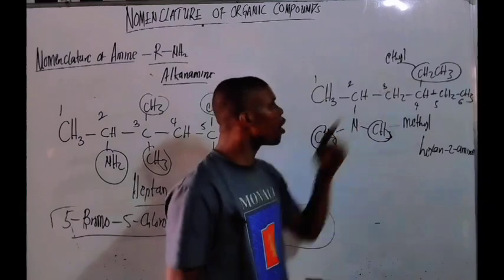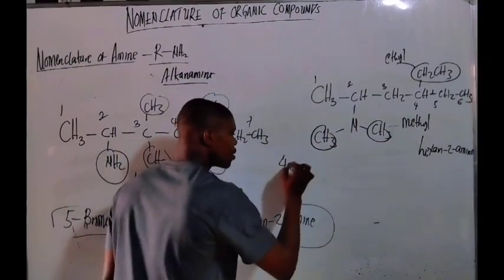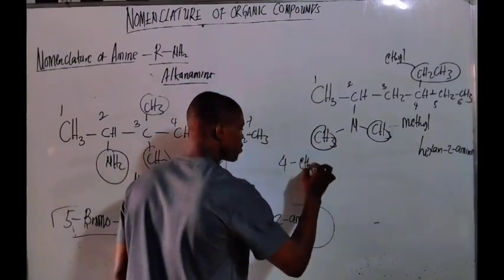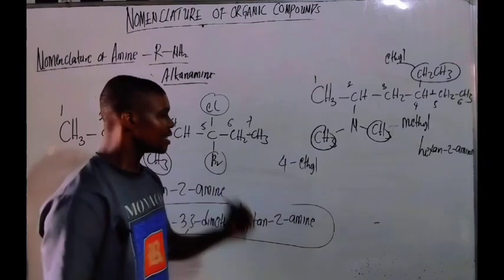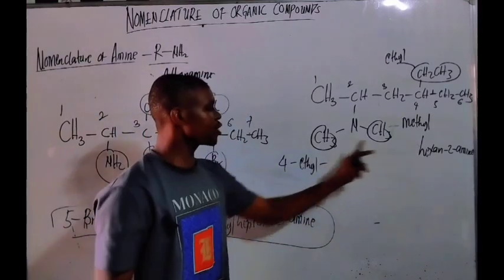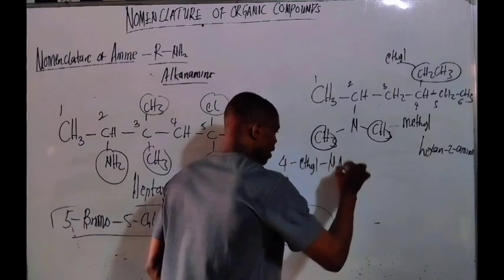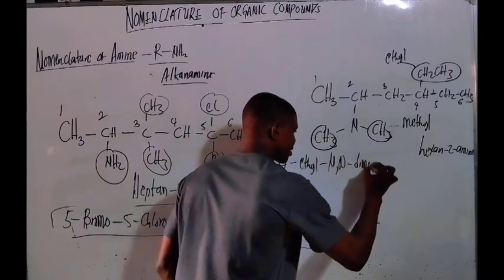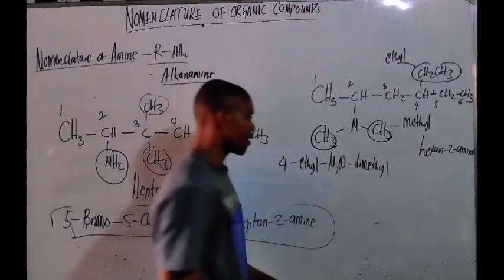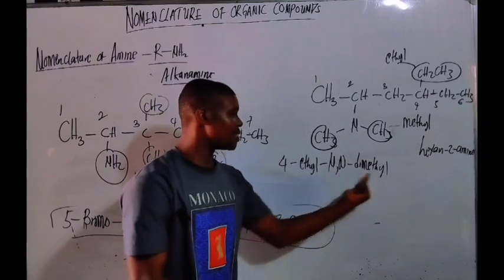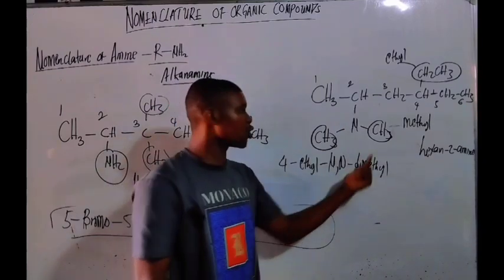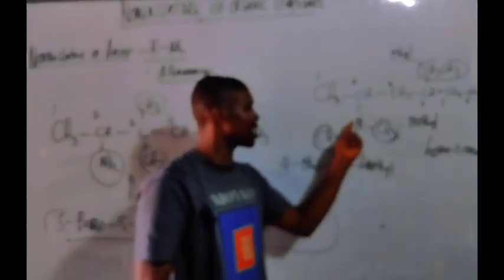So it's going to be 4-ethyl. Then the methyls are attached to the nitrogen, so it would be N,N-dimethyl. Now, why is it N? Because two of them are attached to this nitrogen here.